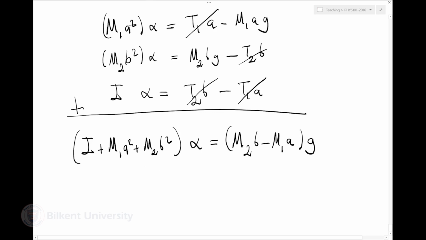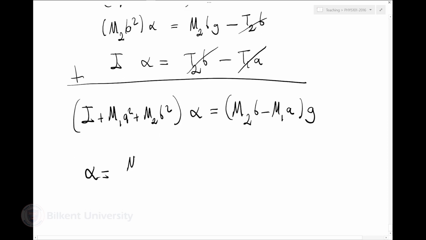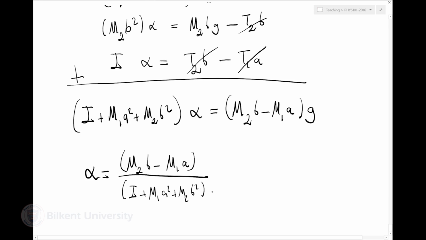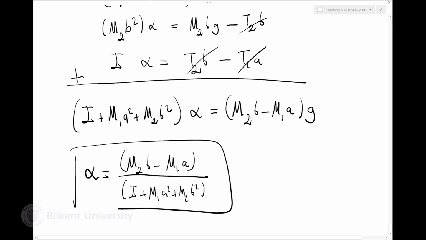So I've found the angular acceleration: m2b minus m1a divided by I plus m1a square plus m2b square, times g. Excellent.